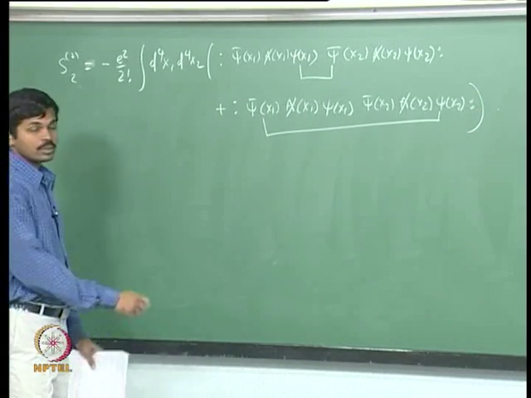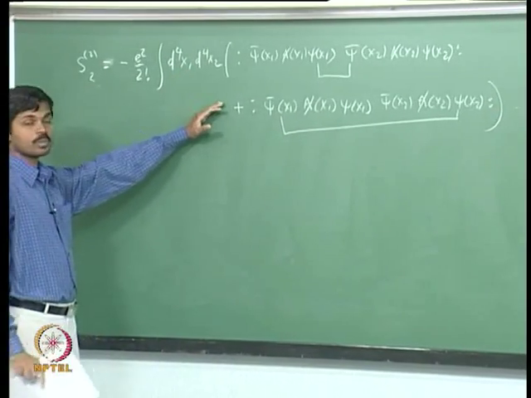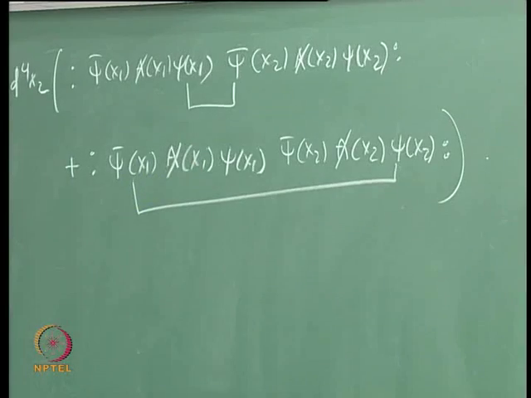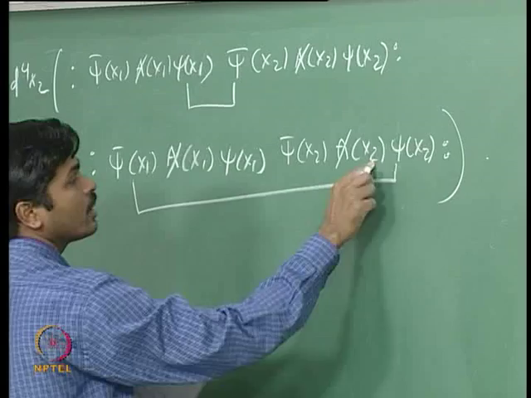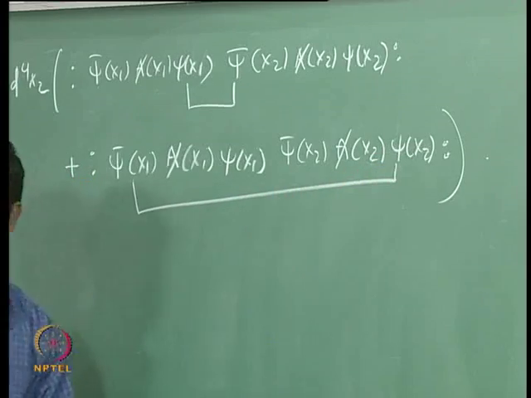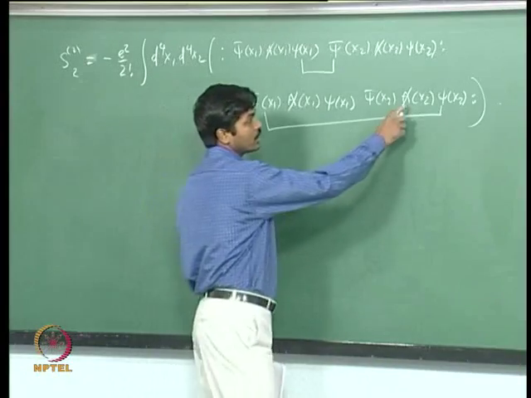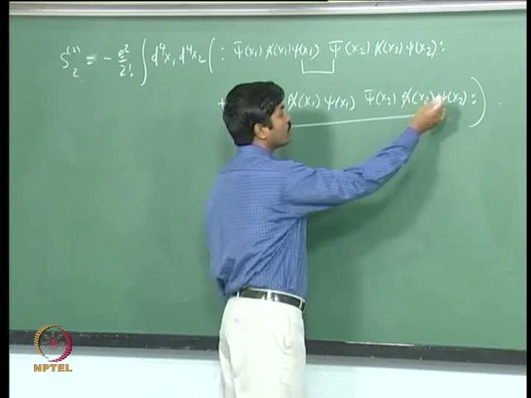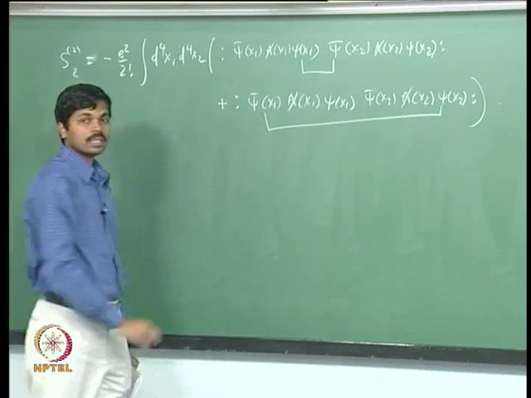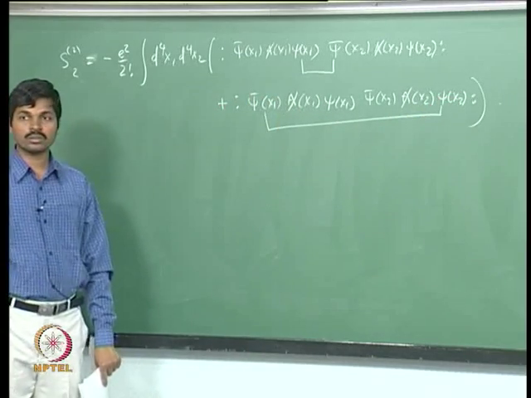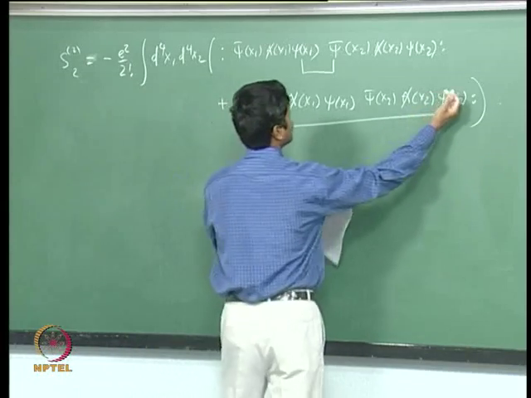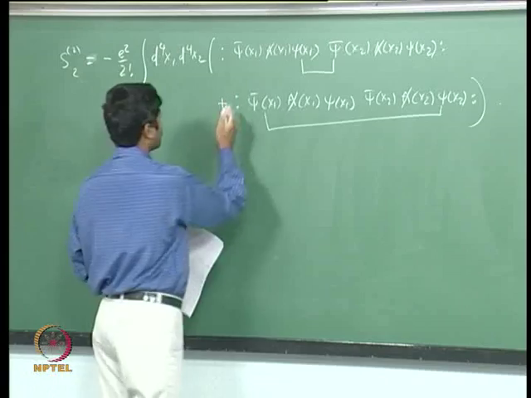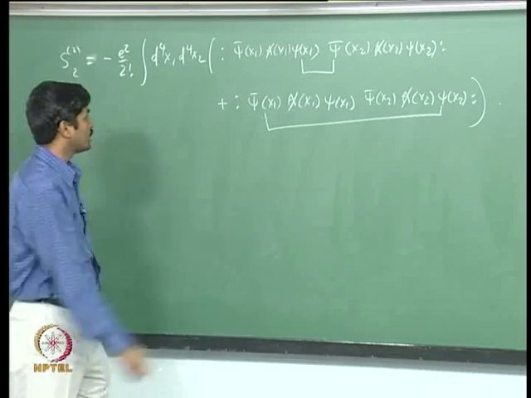Can we simplify this term? Of course, we can simplify it a bit. You notice that these three terms contain two fermion operators and one boson operator, so you can move them freely inside the normal ordering without any change of sign. What I will do is take all these three operators to the beginning here.